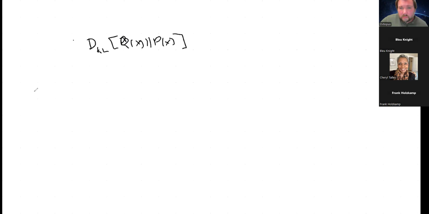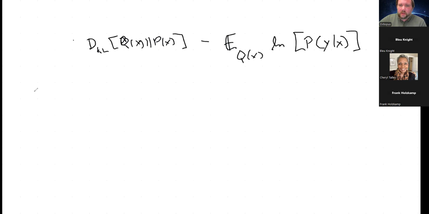Then I'm going to take minus the expectation over this Q distribution of the natural log of P of Y given X. Now I'm just going to plug in the definitions of these things from the place where they were defined.